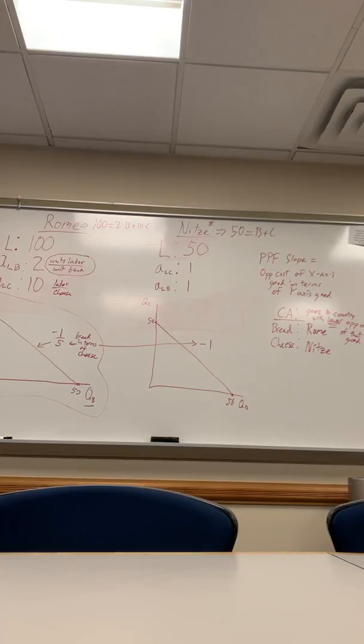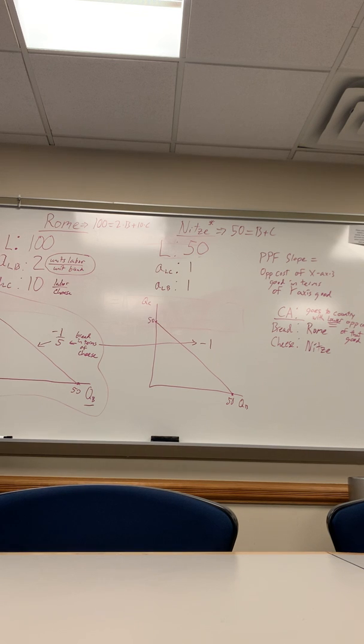So, a really key point: one country can't have comparative advantage in both goods, but one country can have absolute advantage in both goods. And absolute advantage is based on the unit costs, not the overall.